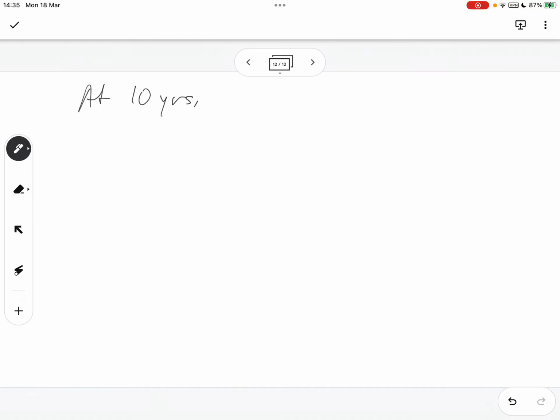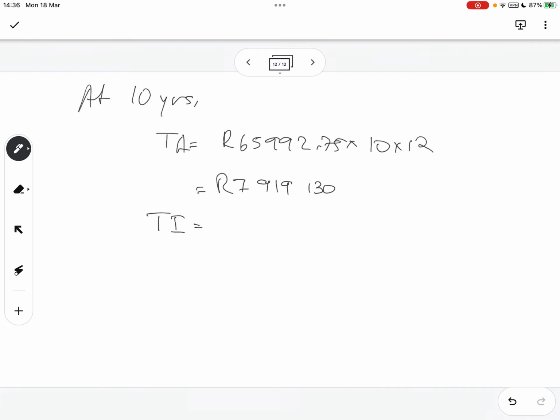So at the end of 10 years, the total amount paid would be 65,992.75 times 10 years times 12 months, which would be 7,919,130, and the total amount of interest would be total amount versus loan amount, which would be 7,919,130.